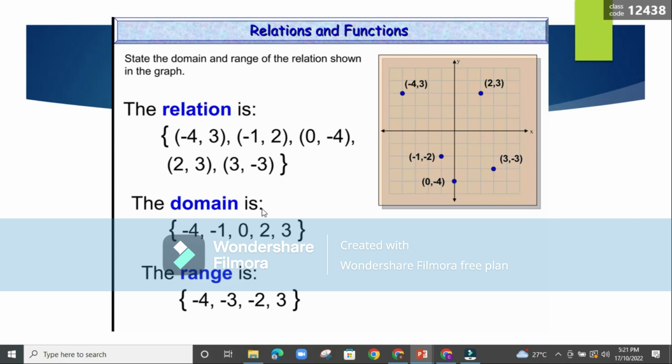So the domain is -4, -1, 0, 2, and 3. And the range is -4, -3, -2, 3. Notice that they are always arranged in ascending order.